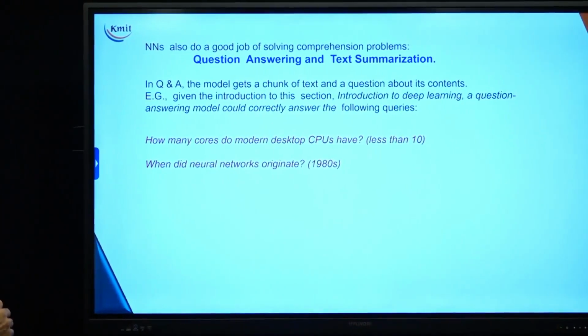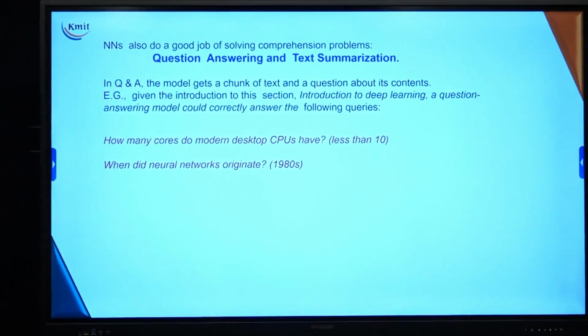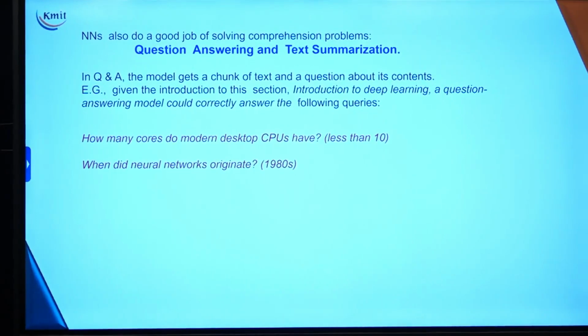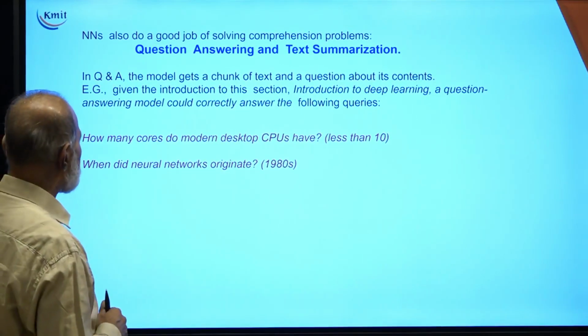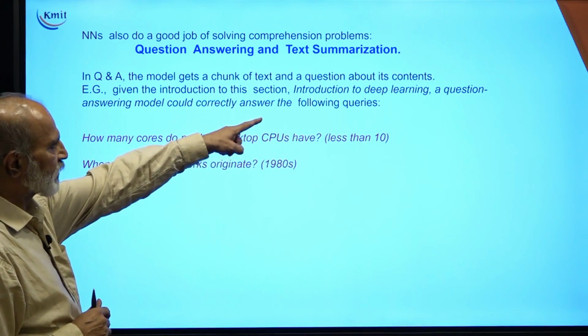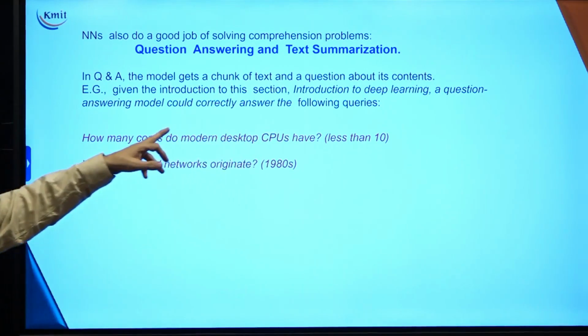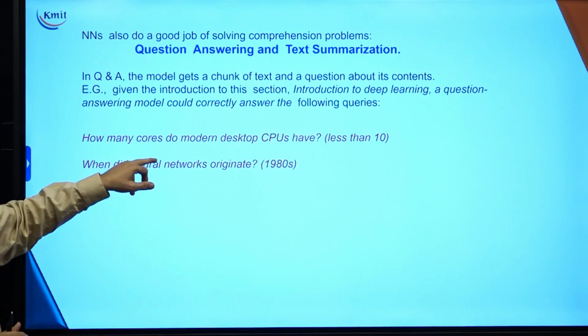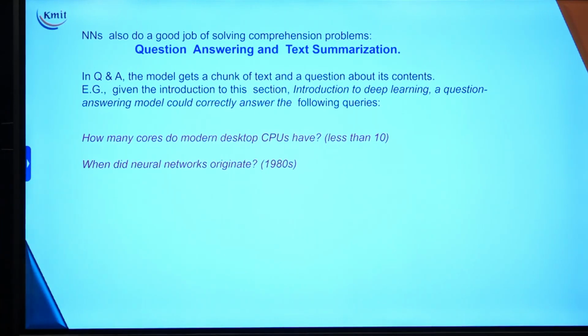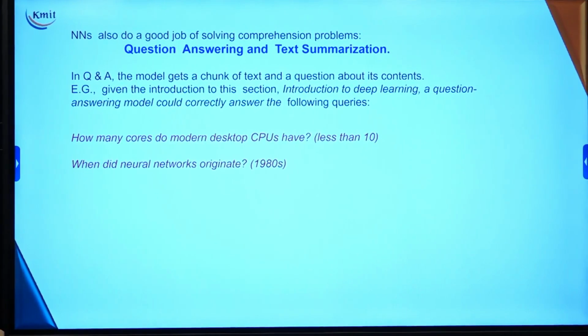Question answering and text summarization. A question answering model is given a chunk of text and a question about the content. For example, given an introduction to deep learning, a question answering model could correctly answer the following query. How many cores does a modern CPU have? So, the answer could be less than 10. When did neural networks originate?